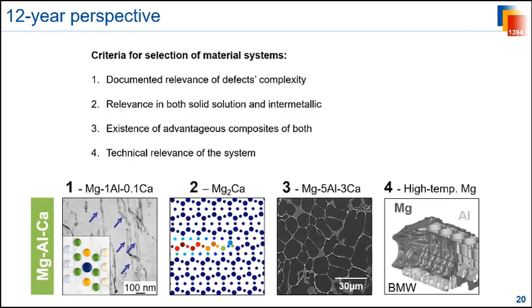They are that there is a documented relevance of the defects complexity and chemical atomic complexity in the material, that we get them in both solid solution and the intermetallic, that we know there is the existence of a good composite, that's a technologically advantageous composite of the solid solution and the intermetallic, and that we have technical relevance of the system. And in the 3rd funding period, we then use the identified mechanisms and structures for further materials selection and to generalize our findings.